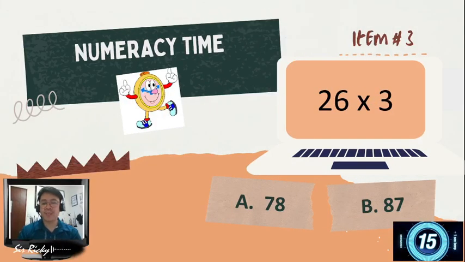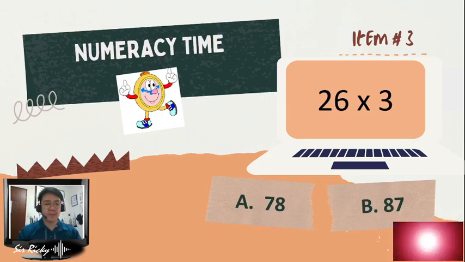For item number 3, 26 times 3. Your 15 seconds start now. If your answer is letter A, 78, you got it right.